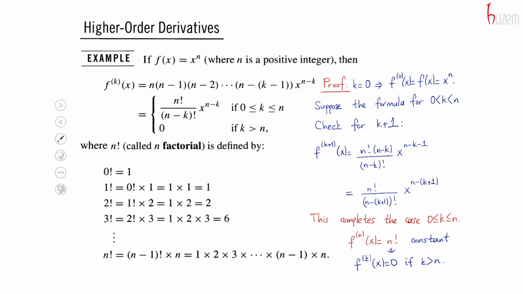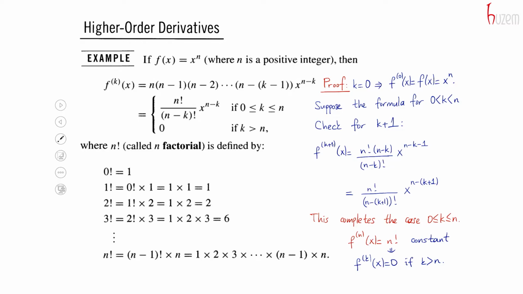Now we assume that the formula is true for any k between 0 and n, and we check the formula for the next case, k plus 1. So assume that this formula is true for k, and we take the derivative of this.